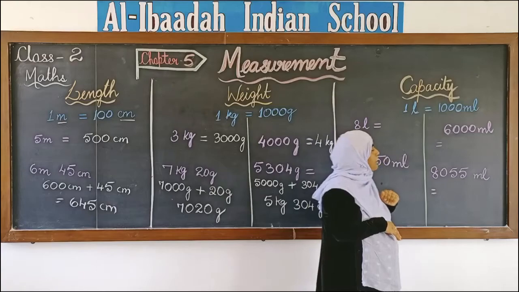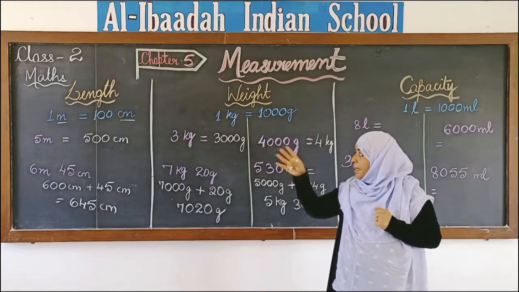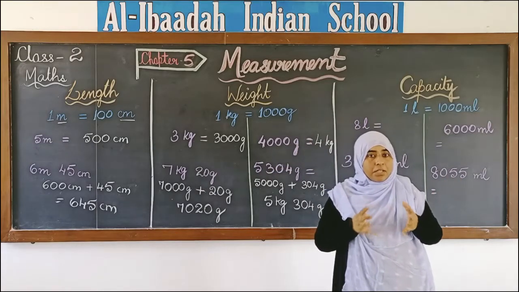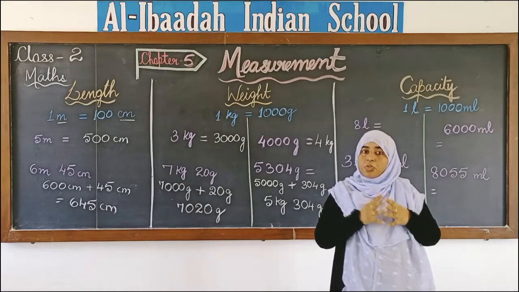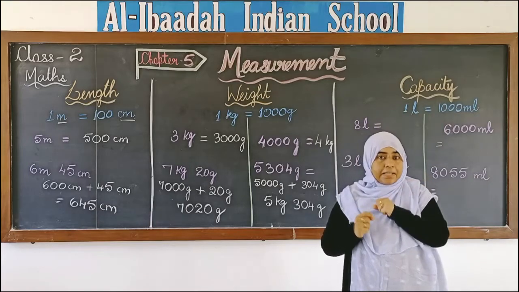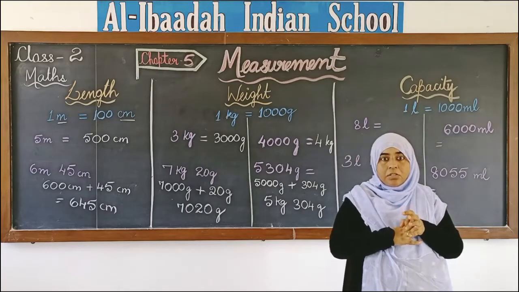So when we say we are measuring quantity, we need certain instruments, same as length and weight. In capacity also we need instruments, and when we are measuring capacity, the instruments that we use are containers. There will be different containers of different sizes, different capacity.